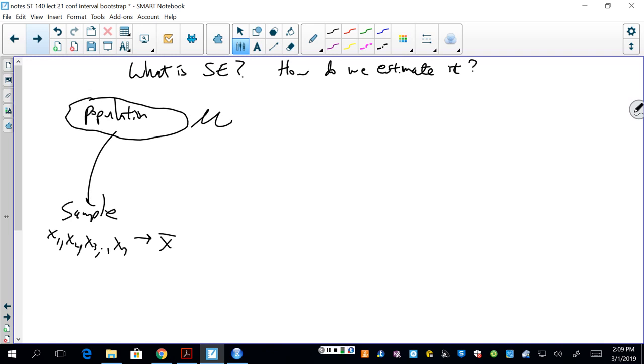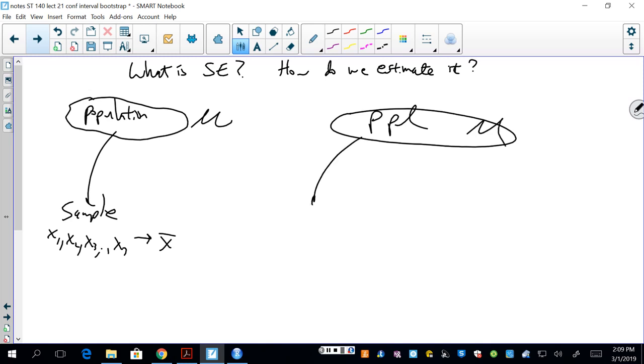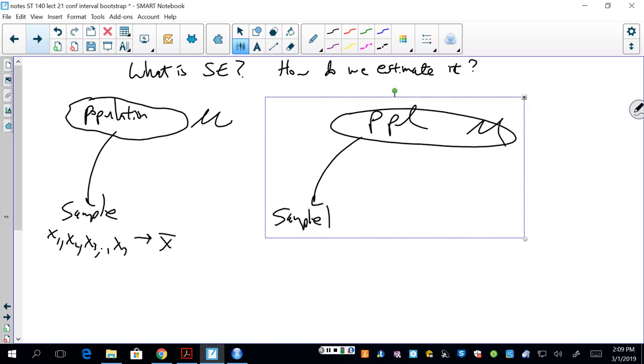One way to get at that, hypothetically, is if we could take sample 1 from our population and get x1, x2, etc., and get an x bar 1.